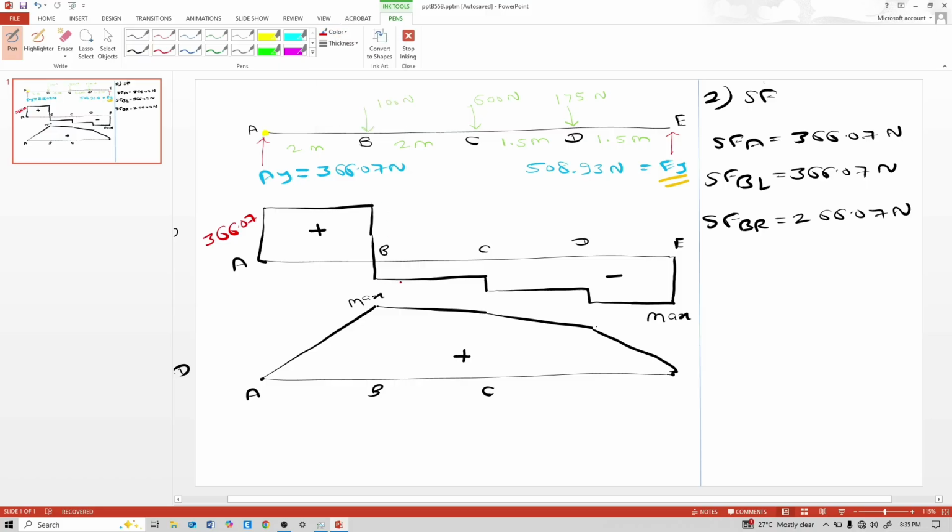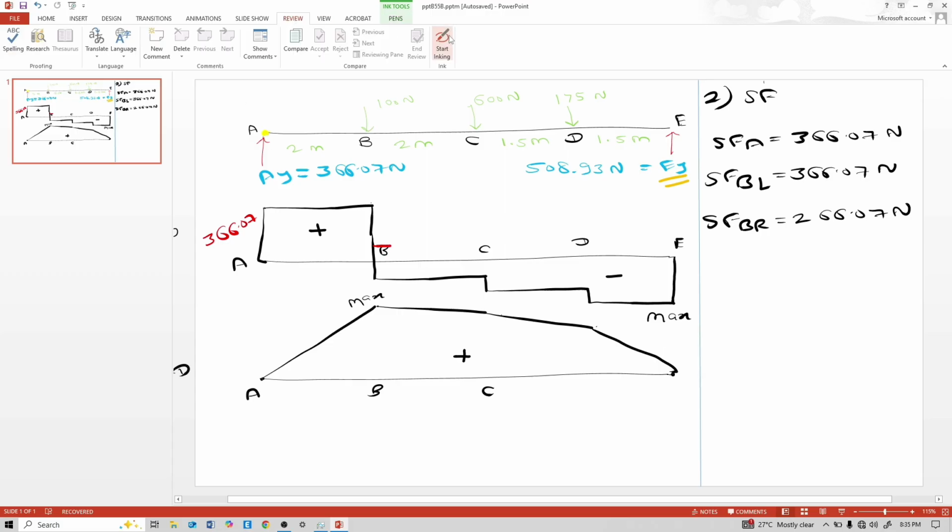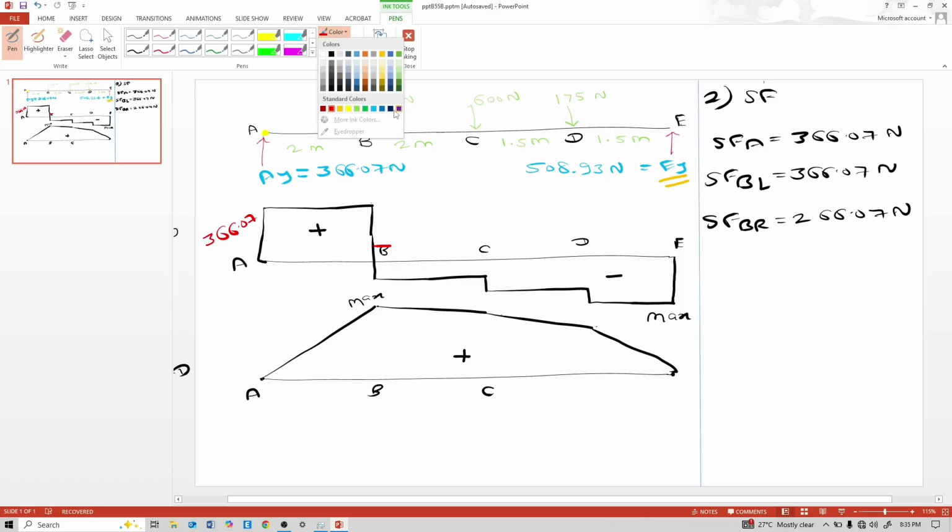So see, our assumed shear force is like this, because this 266 is positive. That means 366.07 minus 100 is not negative, it is positive, like this. So I mark it with this yellow color.